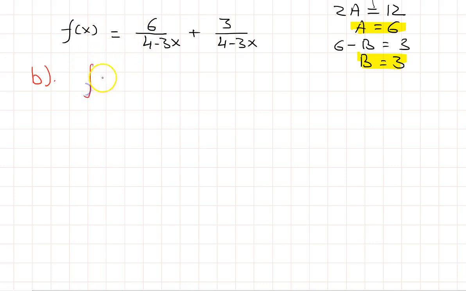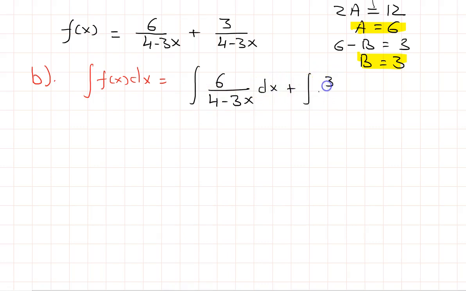So integral f(x) dx will be equal to integral 6 over 4 minus 3x dx plus integral 3 over 4 plus 3x dx. This we have to express in terms of ln g(x), where g(x) is a rational fraction.